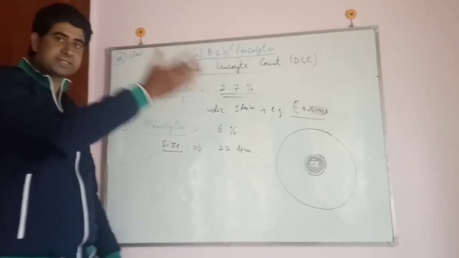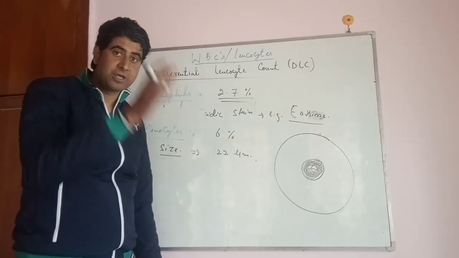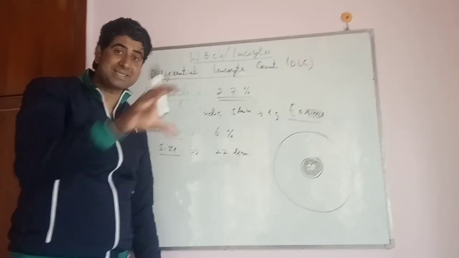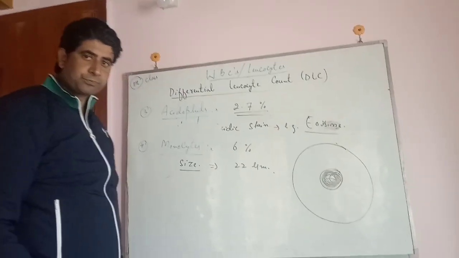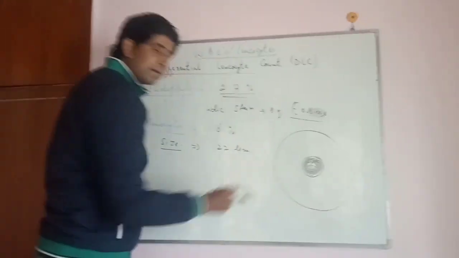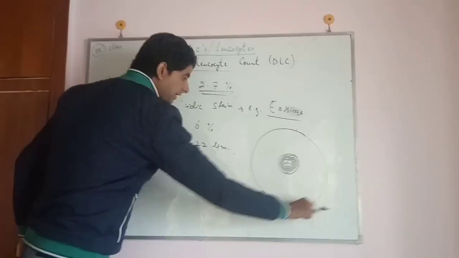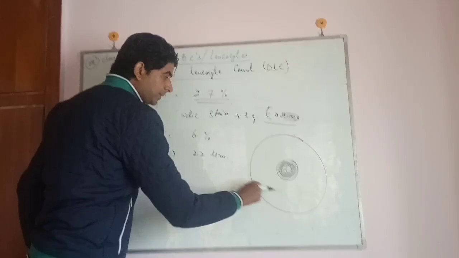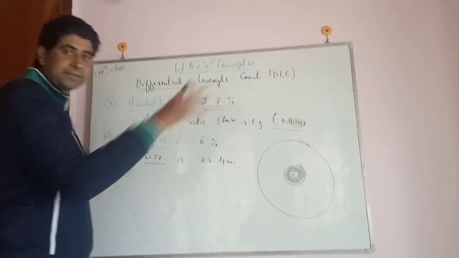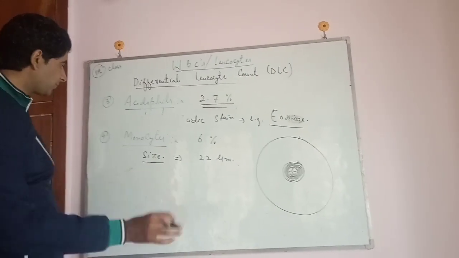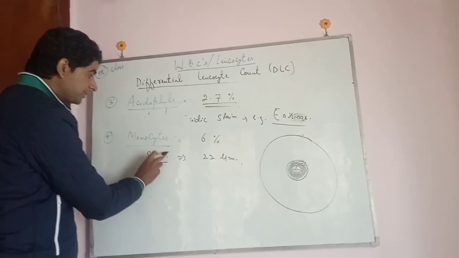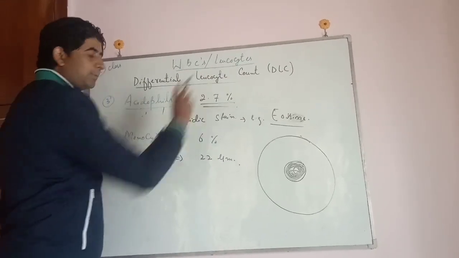As already discussed, in agranulocytes the nucleus is entire, not lobed. So here the nucleus is entire, but the size of this type of WBC is much larger than the other types. So that is why the monocytes have been termed as the largest WBCs.